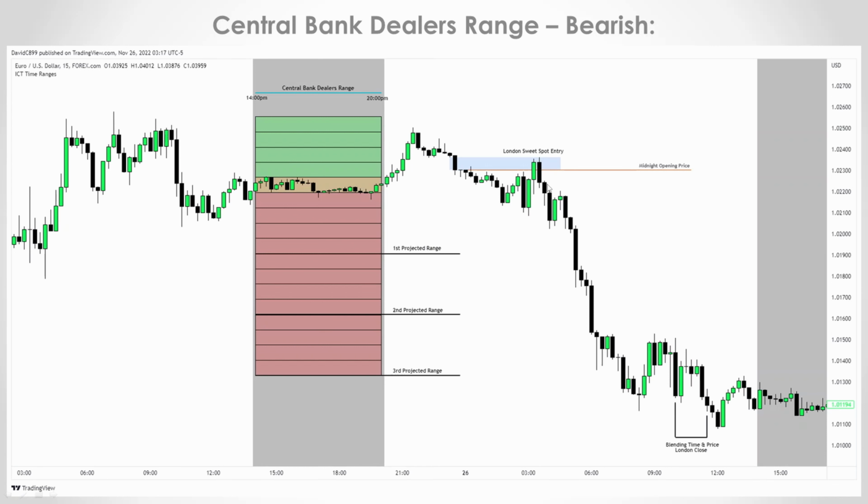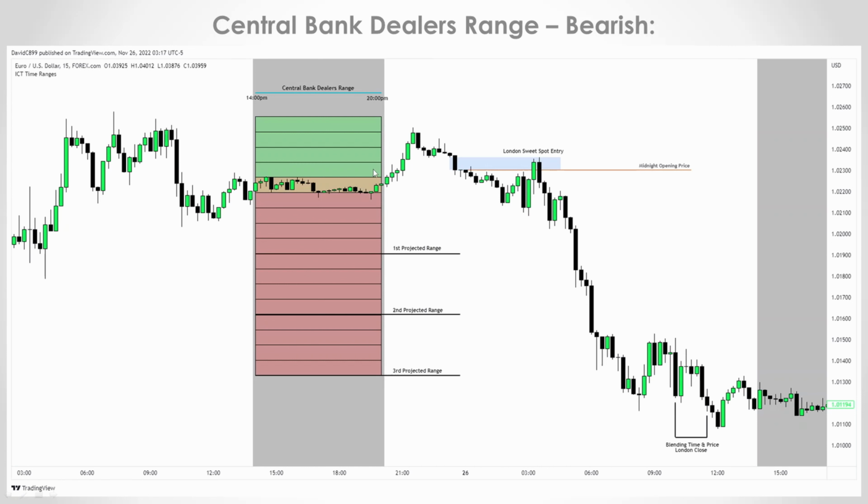Price is trading aggressively lower for a down close, and we are looking to take profit during the London close time period, which is from 10 AM to 12 PM. For profit taking, we can also project the central bank dealers range to determine profit targets.